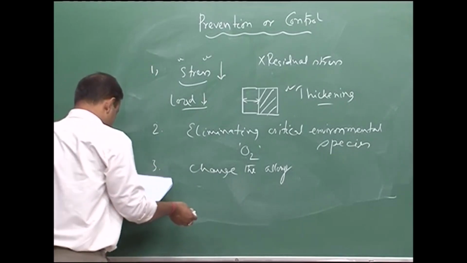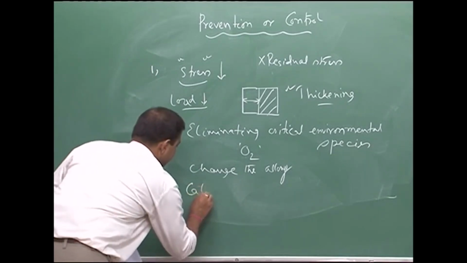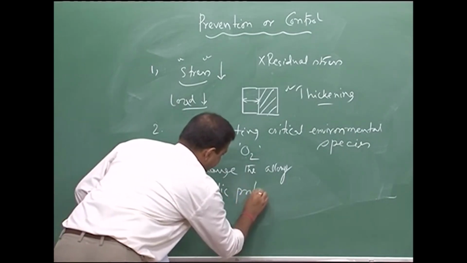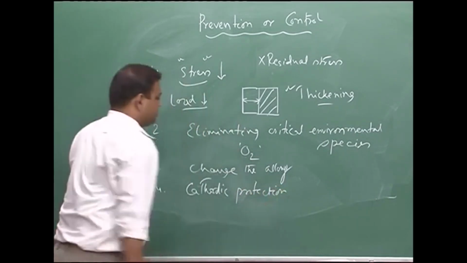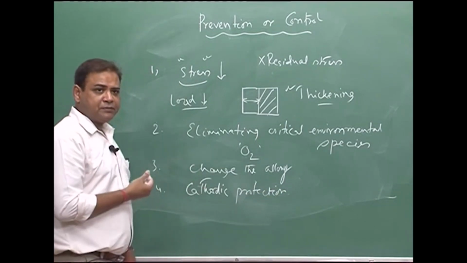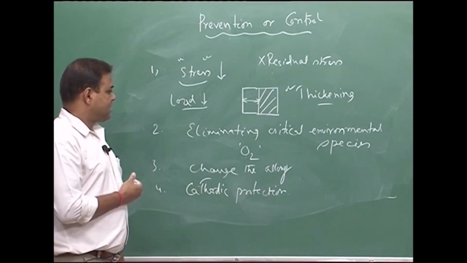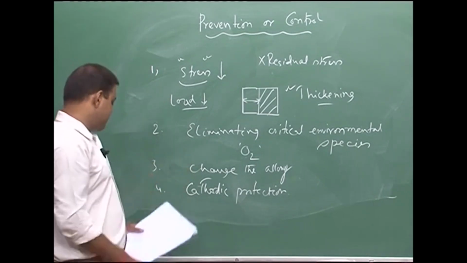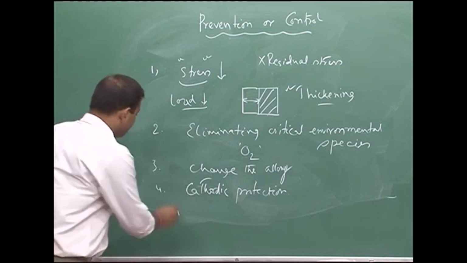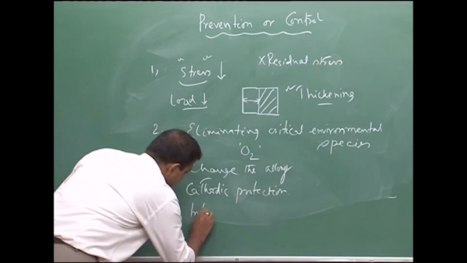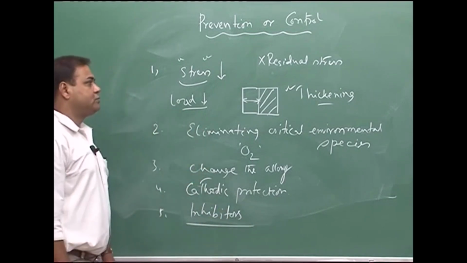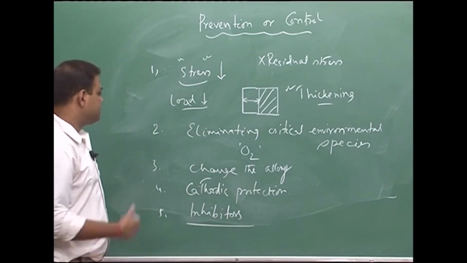Then we can have cathodic protection, since cathodic protection can protect the material from SCC, and that is because SCC is electrochemical in nature. Then we can also add inhibitors, which will take care of those corrosive species which lead to corrosion.